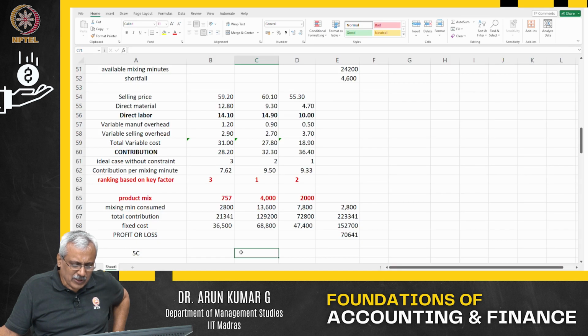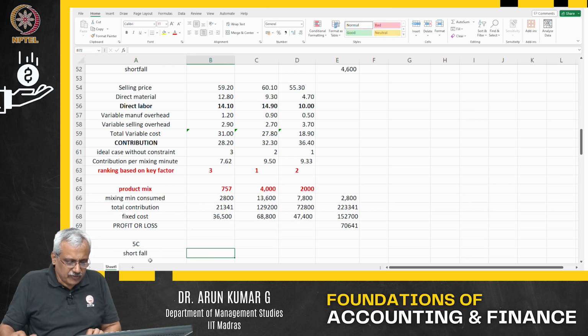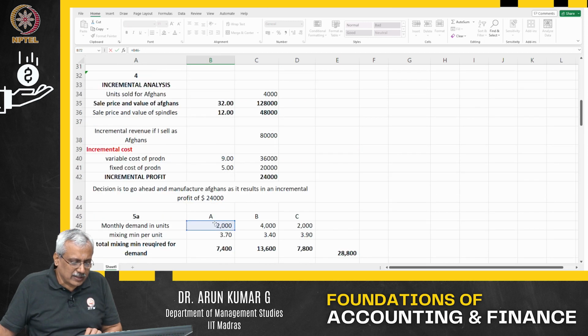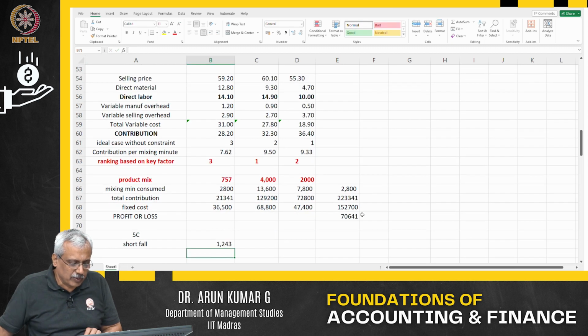So, what is the number of units you need to manufacture still? If I look at the shortfall between the ideal number of units and the product mix you have got, the shortfall is about 1243 units.